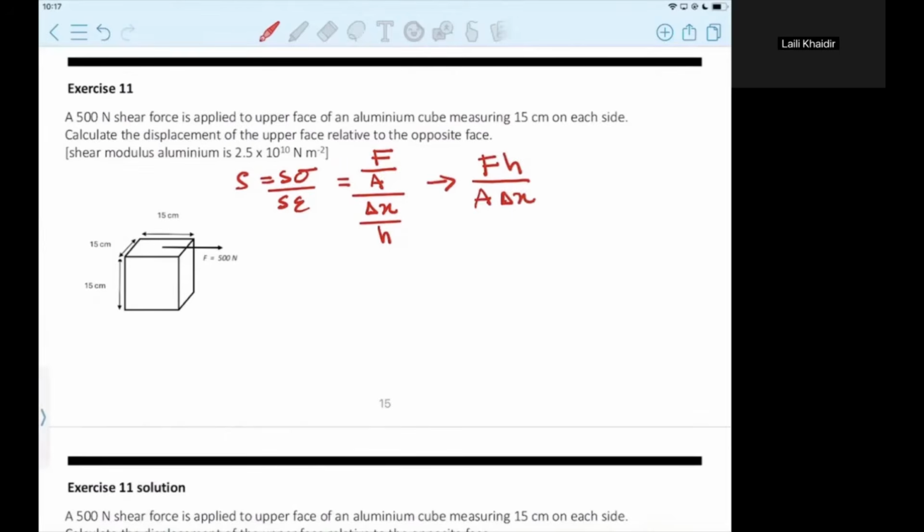Okay, so again, when we look at the values given, we have 15 centimeter, which is not in SI unit, so you need to convert it later. The force is given in SI unit.